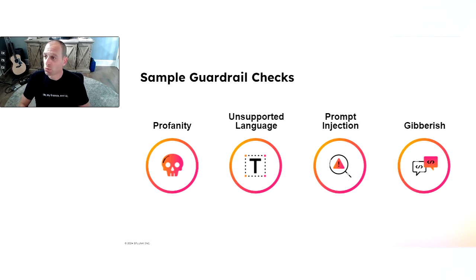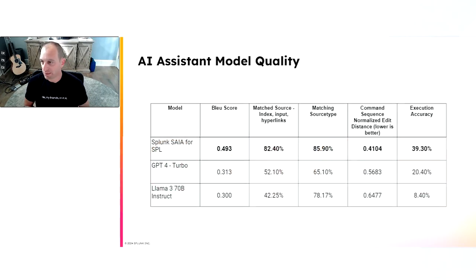There's a few other things we're doing, and we're continuing to expand the guardrail checks on a regular basis. So if you use the assistant and put something in and get an error back, there's a very good chance that, whether it was inadvertent or not, it triggered one of these guardrail checks and said, this is not something we know how to do.